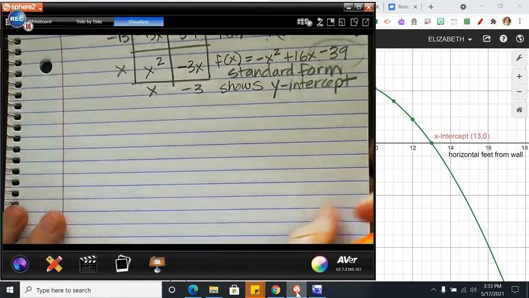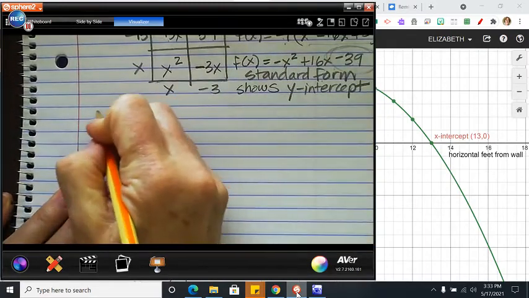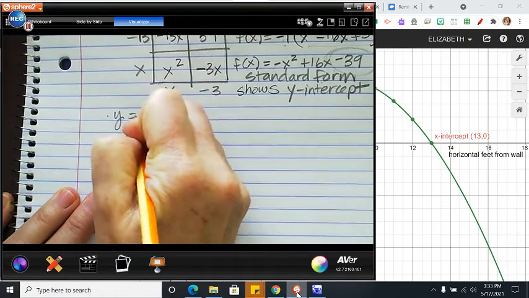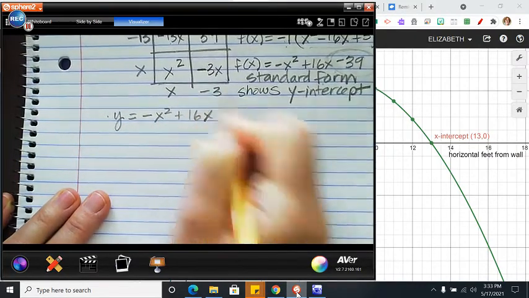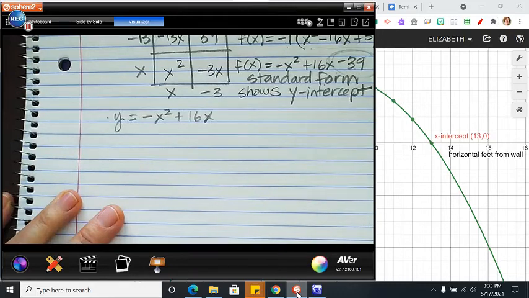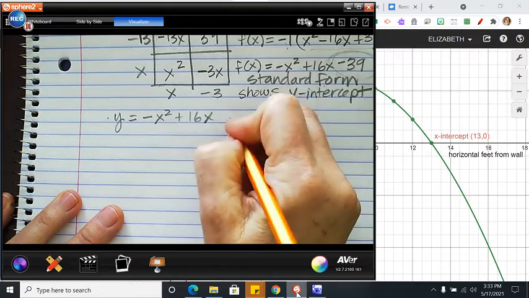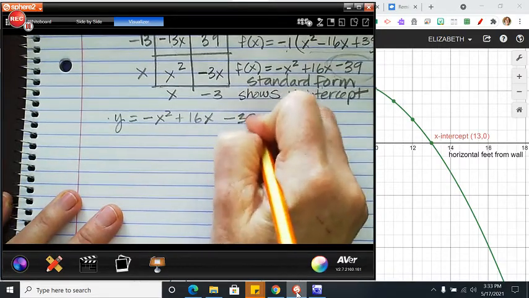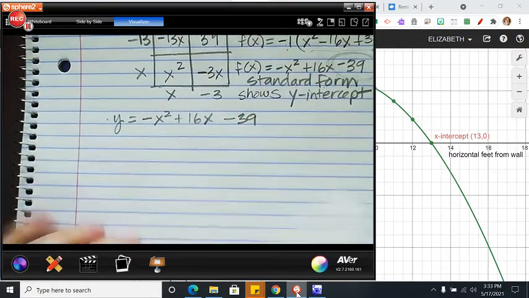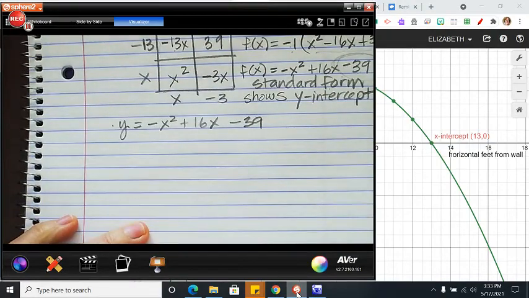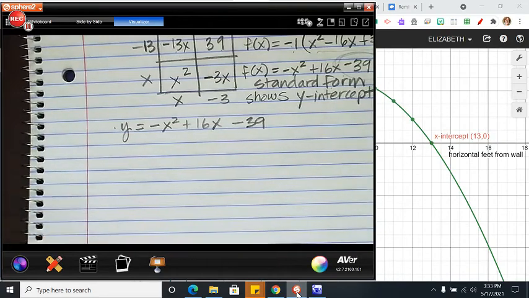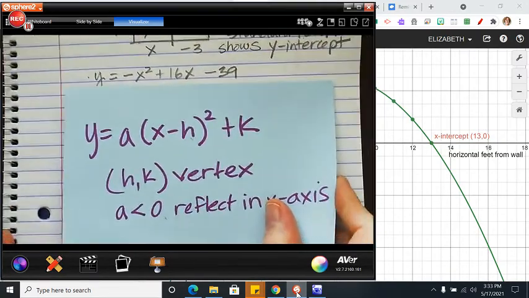Okay, and then the other form that we're going to use is vertex form. And vertex form is right over here. Okay, vertex form looks like this.